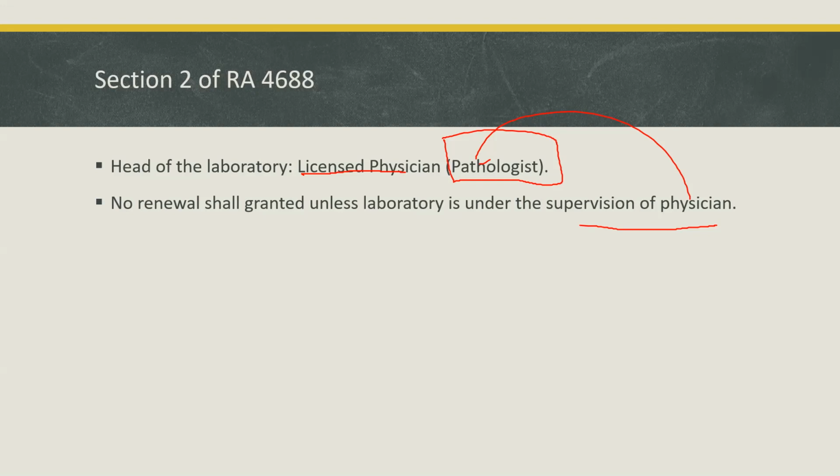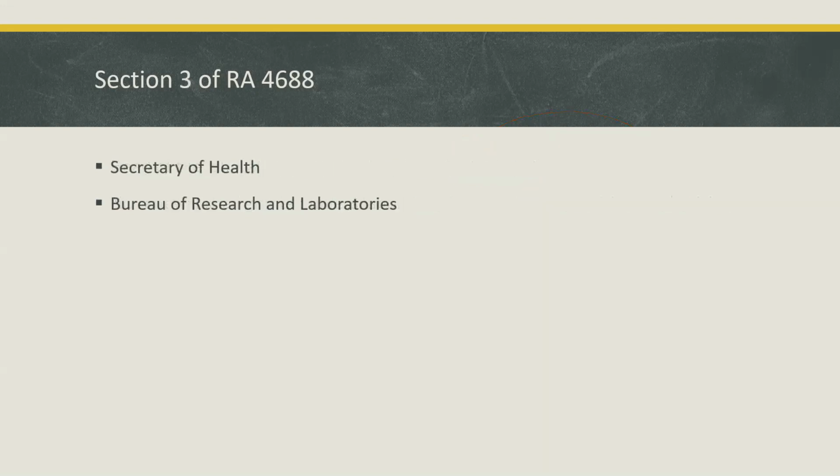Okay? So Section 3 of 4688 is all about the Secretary of Health, who will provide the license to operate, particularly through the help of the Bureau of Research and Laboratories.